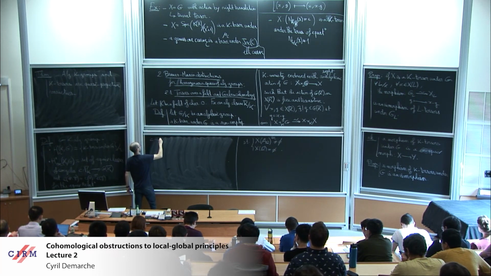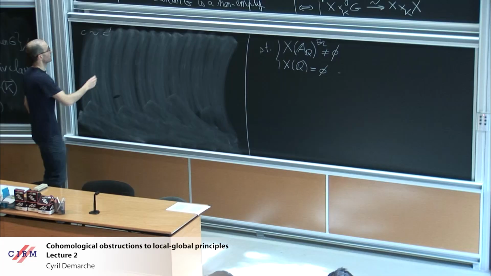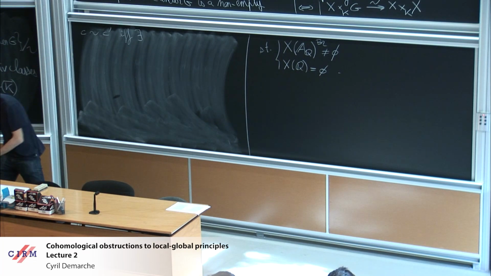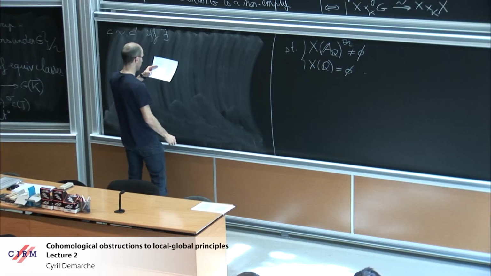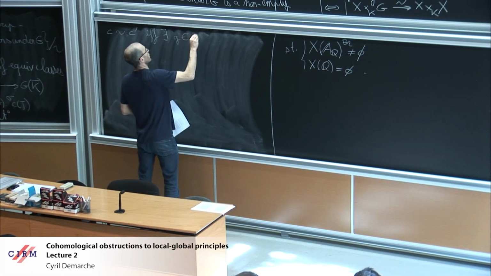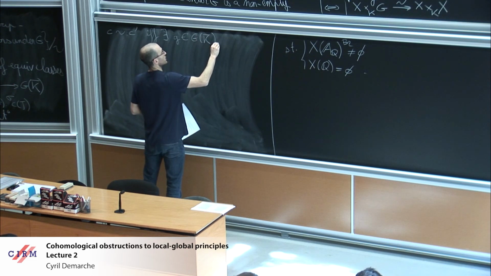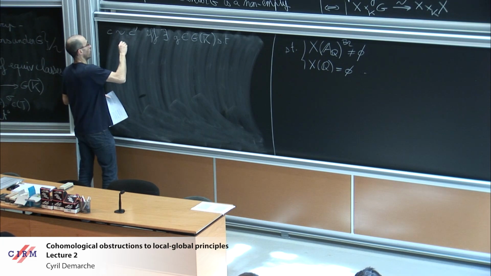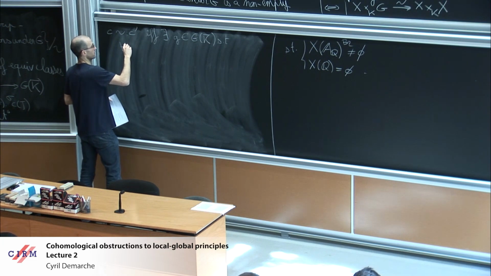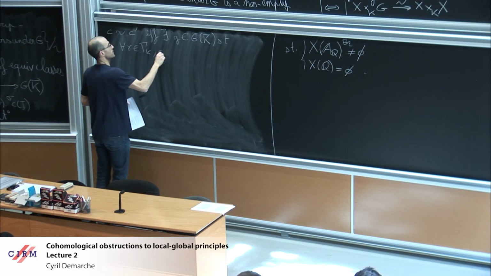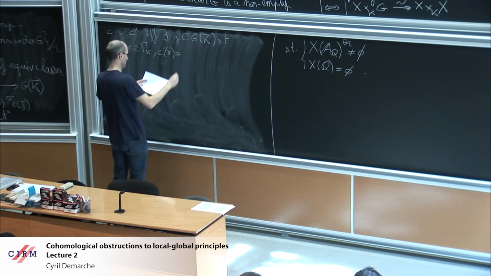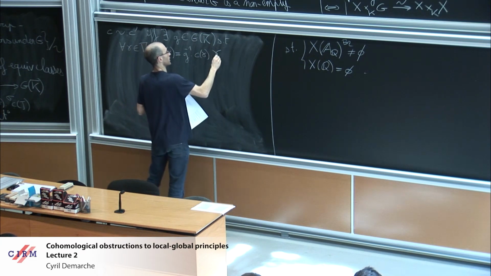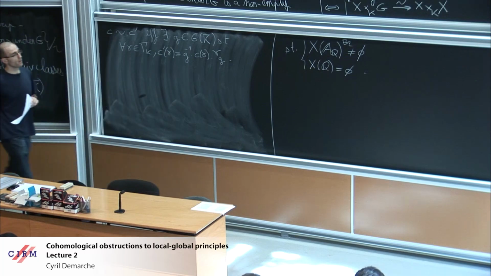We say that two cocycles C and C prime are equivalent if and only if one can find a K-bar point g in G so that for all gamma, C prime of gamma is g^{-1} C(gamma) gamma(g).